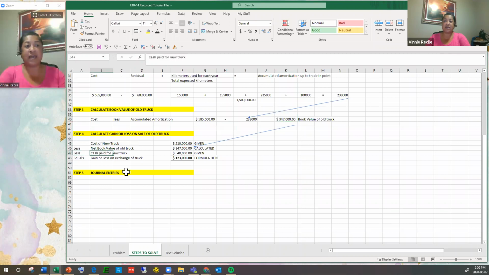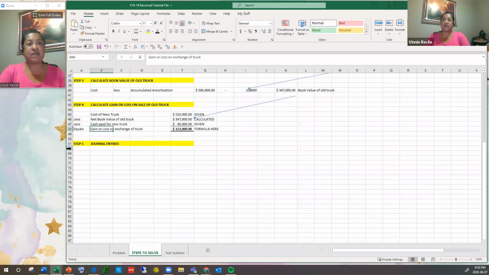We're going to deduct the cash paid for the new truck of $40,000, which is given in the problem again, and that's going to equal our gain or loss. The number is positive, which indicates it's a gain. So all I've done is deducted all of these from the cost of the new truck. If the number was a negative, this will be considered a loss. So now we know that in this trade-in transaction, even with the cash, the company has actually made money on this transaction.